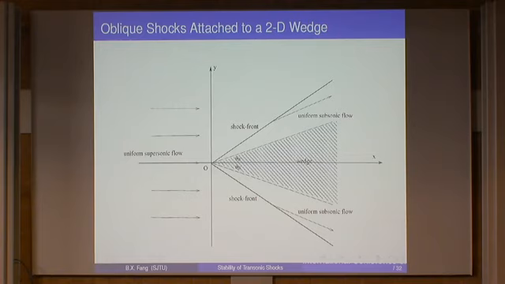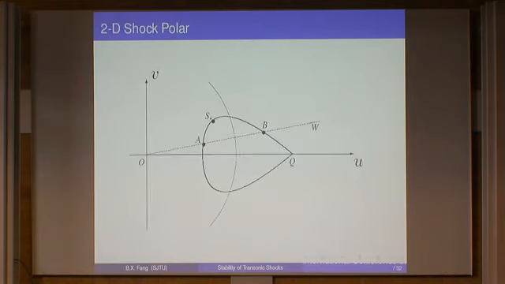And for 2D case, so then the states are a supersonic flow ahead of the shock, and the flow behind the shock front, and also the position of the shock should satisfy the Rankine-Hugoniot conditions, and it can be described geometrically by this loop, which is called shock polar.